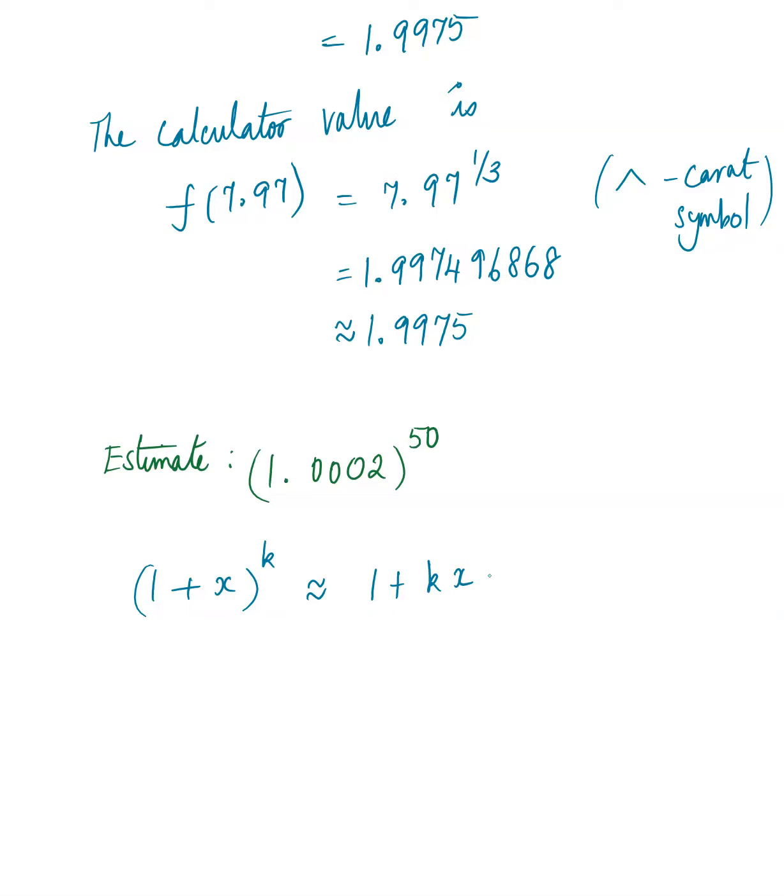So if we were to do that, our k here would be 50. So separate this 1.0002 as 1 plus 0.0002. That's power 50. That would be approximately 1 plus 50 times 0.0002.